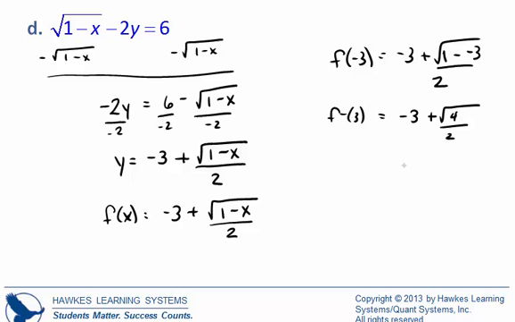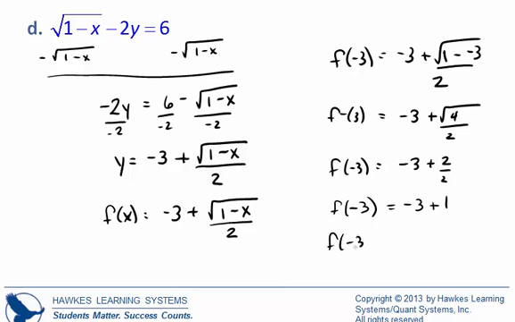We know the square root of 4 is 2. Two over 2 is going to be 1, so we have f of negative 3 equaling negative 3 plus 1. And so f of negative 3 is equal to negative 2. And so again, if the x value is negative 3, the y value that goes with it is negative 2, and we would expect this to be a point on the graph of our original equation.